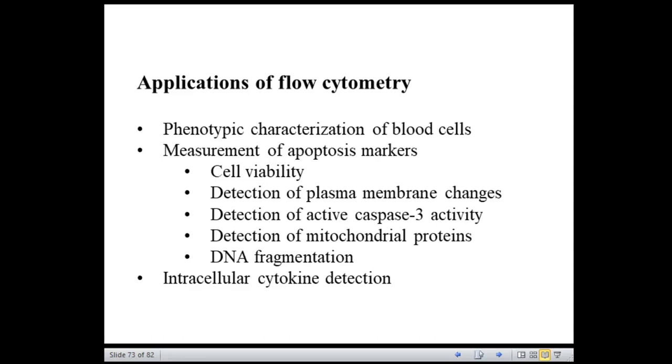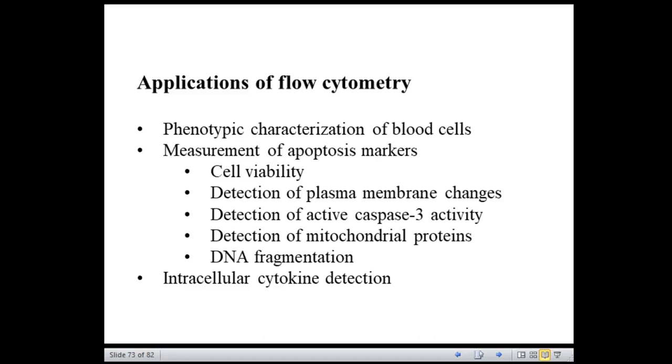Next, we have the intracellular cytokine detection. To detect the intracellular cytokines, the cells are cultured, and then the cultured cells are washed and labeled with cell surface markers, especially for the T cells. Following washing, the cells are fixed and permeabilized for intracellular staining of the cytokines.